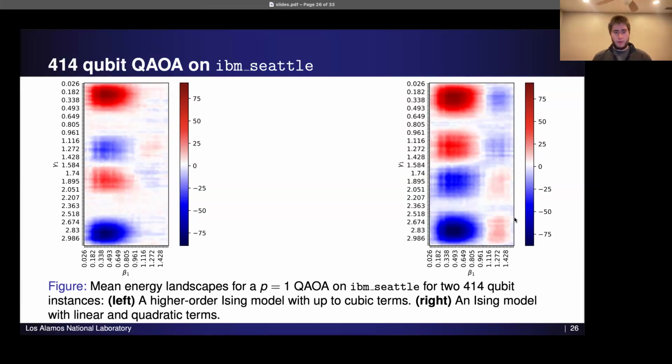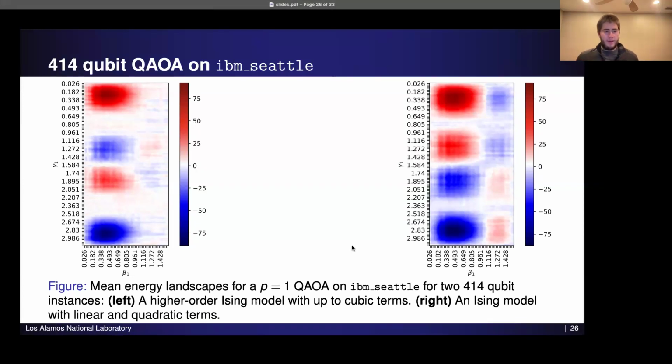This is on hardware. I'm not showing the smaller QAOA angle grid search plots here. This is only the 414 qubit instance, but we see very, very high agreement, even on the noisy hardware, of what regions have really good angles and what regions have very bad angles, right? So basically where these blue regions are very consistent. That was very, very exciting to see. But unfortunately, we couldn't perform all the experiments we wanted on the device.